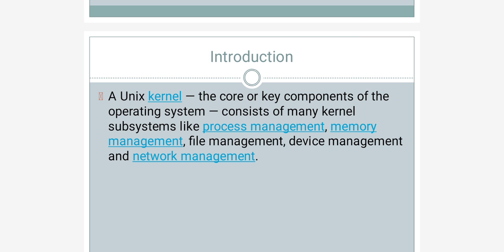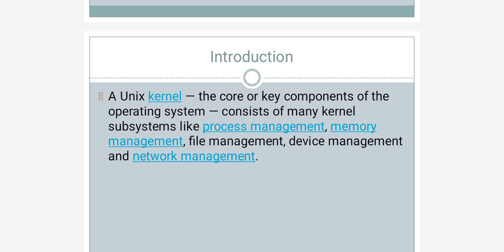Then I'm going to concentrate on the various basic services that the kernel provides, and finally we are going to discuss the key components, basic services, and their interactions with system calls and libraries that you have in your Unix kernel systems.